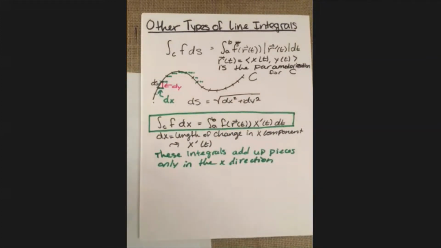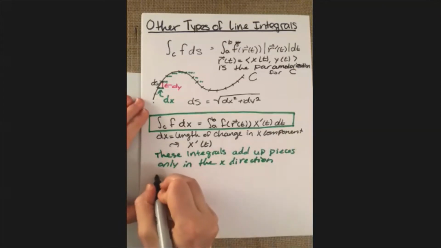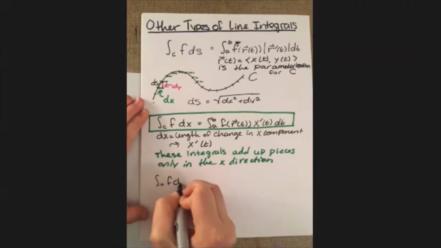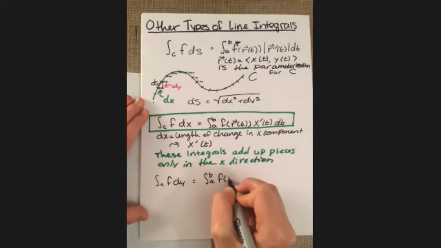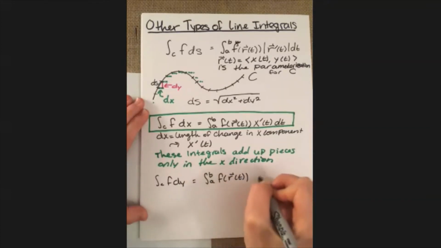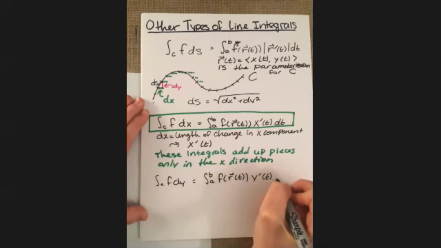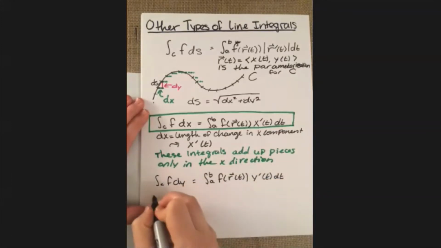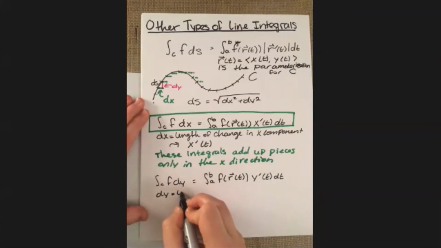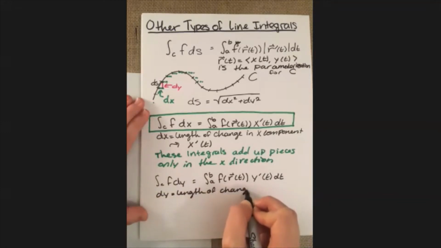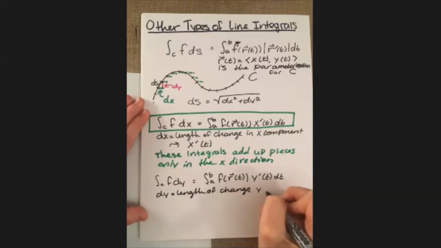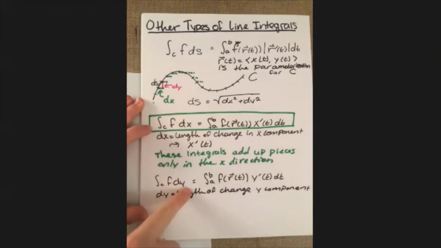We can apply a really similar idea with the y components, and we can take the integral over C of f dy equal to the integral from a to b of f of r of t times y prime of t dt. Because this dy right here is equal to the length of change in the y component, just in that little piece that you focus in on in the integral.